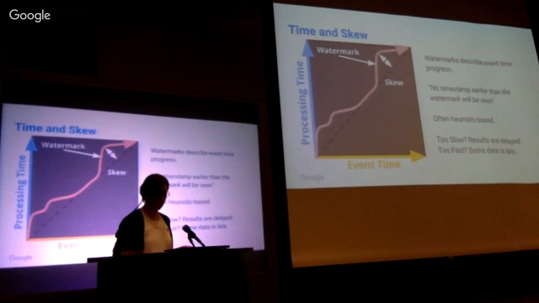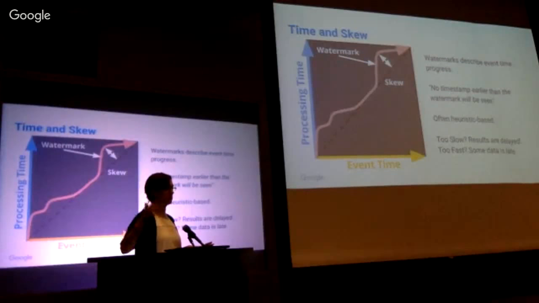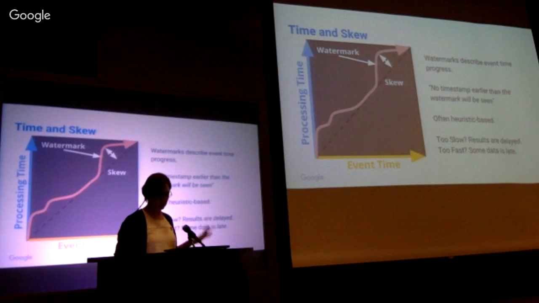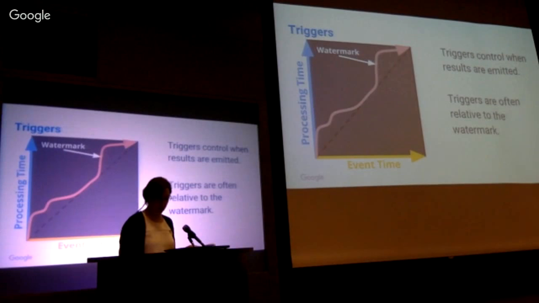It is often heuristic based. We can't usually get a perfect one. And that means that if it's too slow, the results come later. If you want to be really conservative, you want to wait for all the data to come, then you cannot produce a result until you have all the data. And if it's too fast, you'll have some data that is late. And we'll look at each of those.